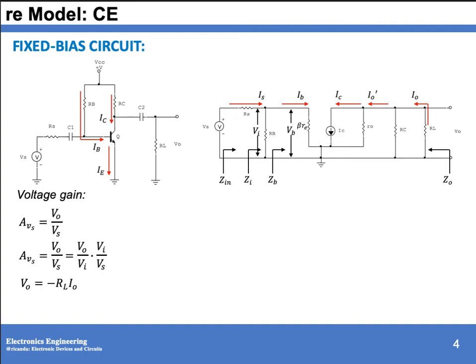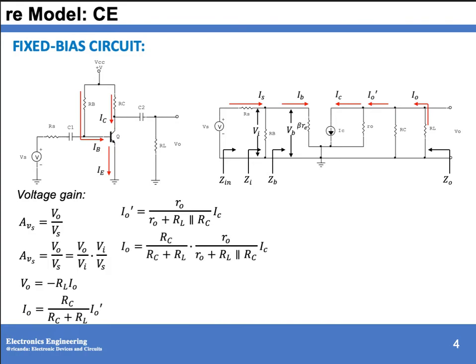Solving for your Io equation, that is the opposite resistance, which is Rc, all over Rc plus RL times Io prime. And then we also have to get the equation of your Io prime, which is equivalent to the opposite resistance, which is ro, over ro plus RL in parallel with Rc times Ic. Substituting this Io prime into your equation of Io, so therefore this is our equation of our Io. But Ic is equal to beta Ib.